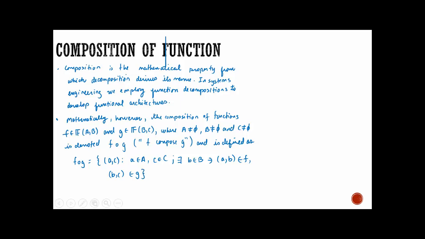Okay, so what we're trying to say here is that now we know how to define a function. So if we want to connect these functions, we can use this methodology that is called composition. So for example, if you think about an operation of your machine, you bring a part, the part is going to be processed, and then after the process is complete, maybe there's another operation that is happening.